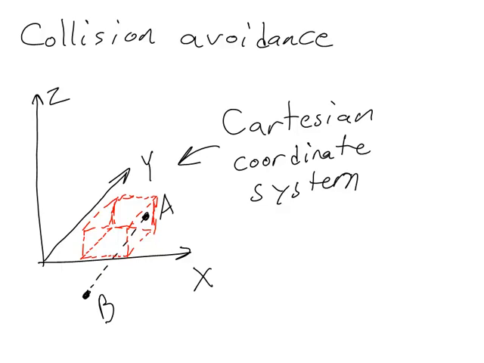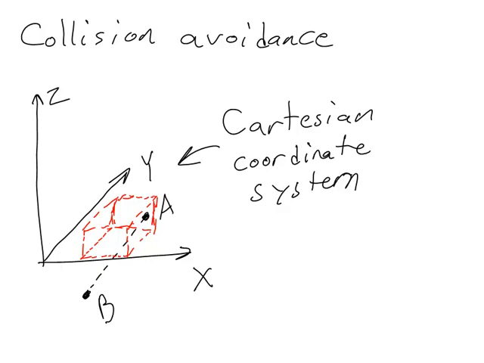The approximate solutions or rule of thumb solutions that we use are similar to the way that we plan motions when we don't have things to collide with. In other words, we're going to start by transforming things from the Cartesian coordinate system over to configuration space.